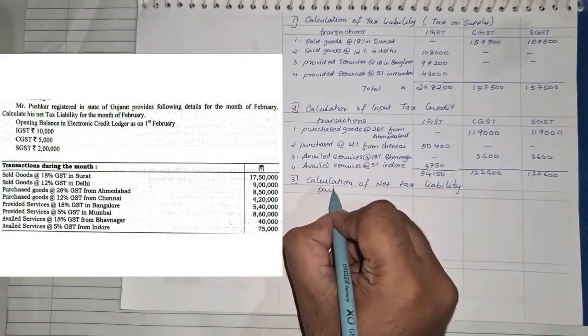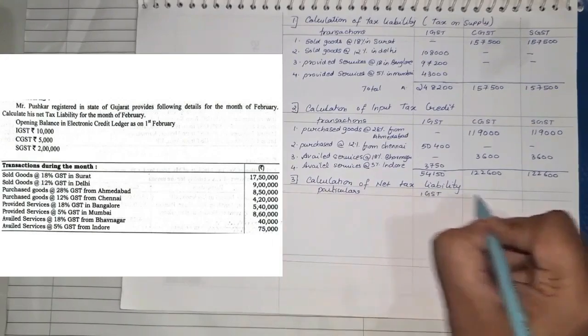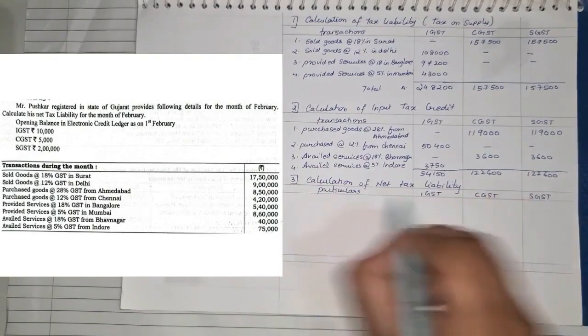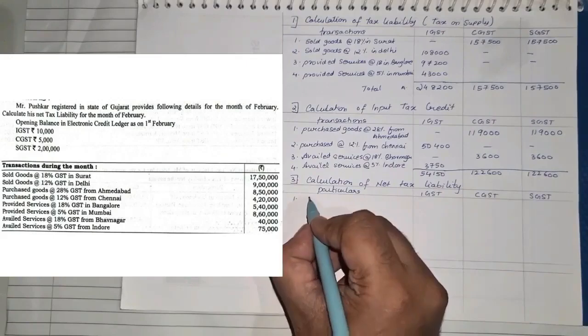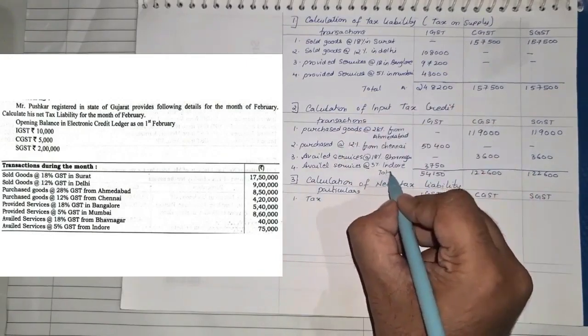Okay, I'll write here particulars: IGST, CGST and SGST. Very simple. Step number 1 will be tax payable. Now wait, this is also the total, so we'll write this as total.